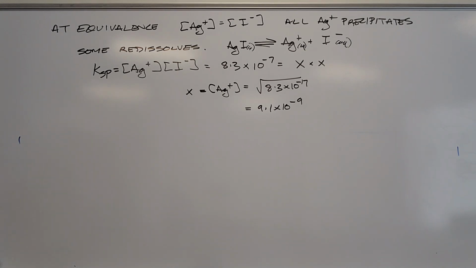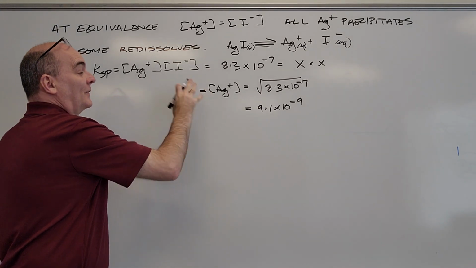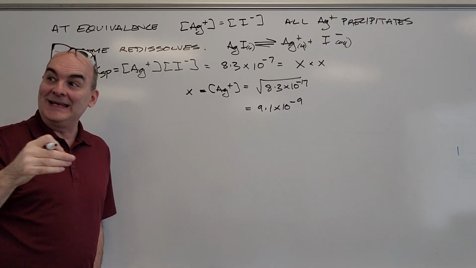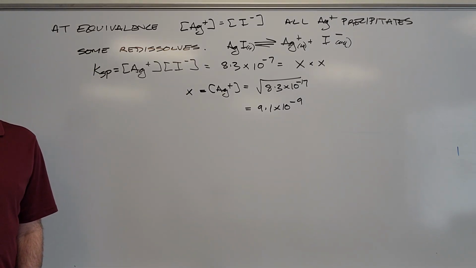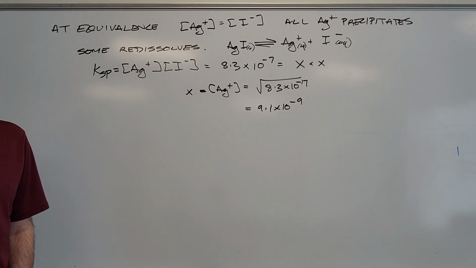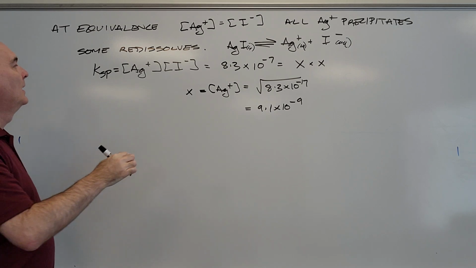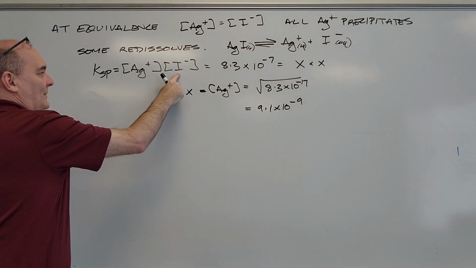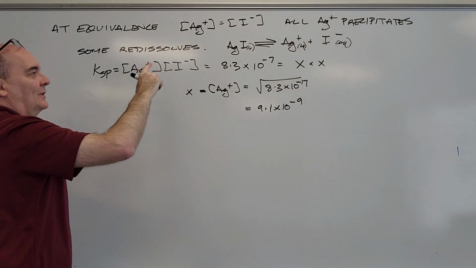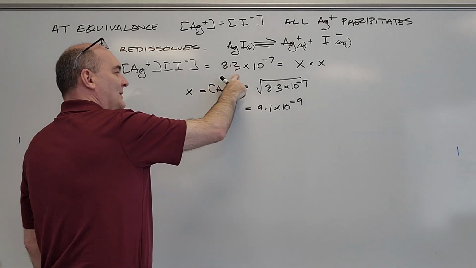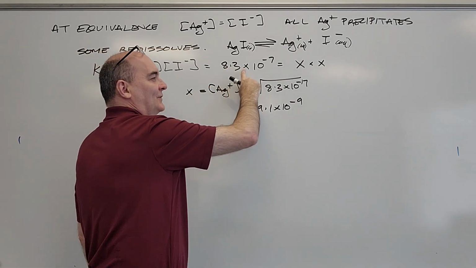So the amount of silver that is in solution at the equivalence point, even though General Chemistry 1 will tell you it's all gone, yes, you've removed everything from solution, but then it redissolves because it has a very small KSP. So the KSP is the concentration of the silver times the concentration of the iodide. Here's the KSP from the text.